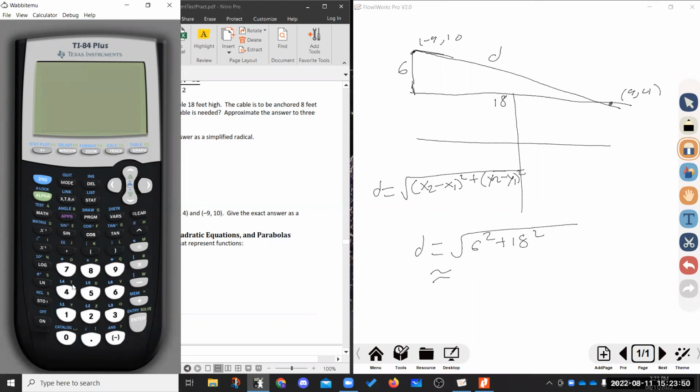So 6 squared plus 18 squared is going to give me 360. The biggest perfect square that I see there is 36, leaving me with 10 on the inside. So 6 square root of 10 is my exact answer. No approximation here. This is an exactly equal to.